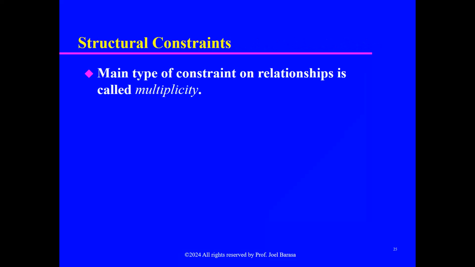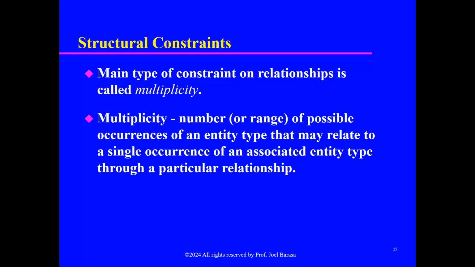So structural constraints, we have the main types of constraints on relationship. So what are these? When we are being asked what is multiplicity, it's simply the number of possible occurrences of an entity type that may relate to a single occurrence of an associated entity type through a particular relationship.